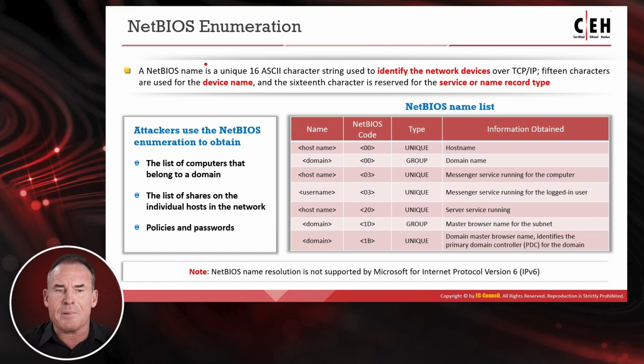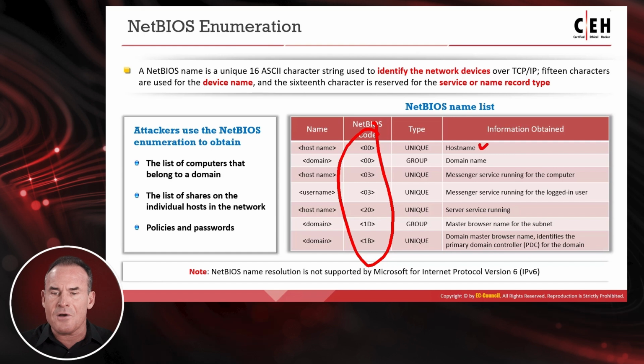So originally the NetBIOS name is a unique 16 ASCII character string, 15 characters for device name, and a 16th character reserved for the service name or the record type. So that indicates things like host name, domain name, messenger service, etc. This is a user-friendly name, just like an FQDN, and it gets resolved to an address.